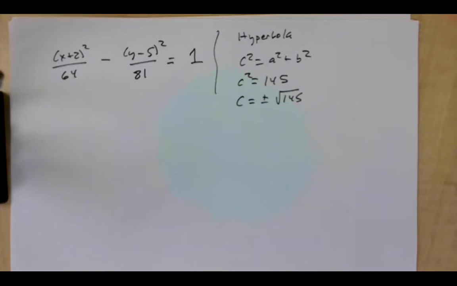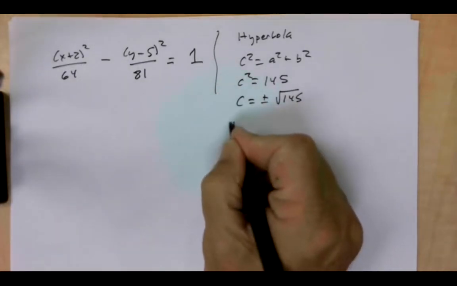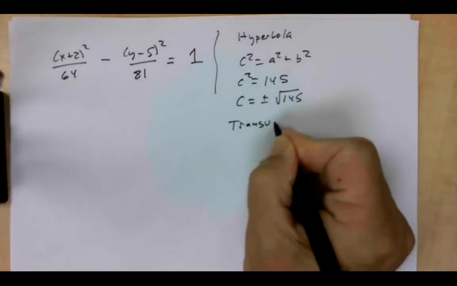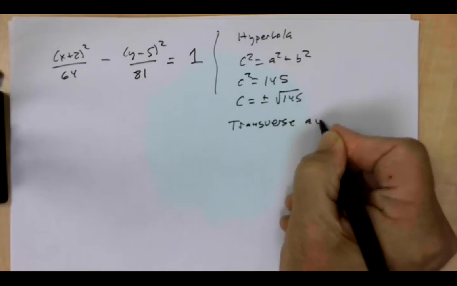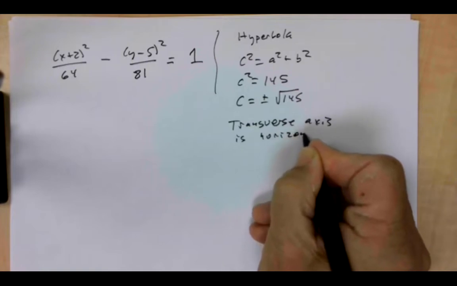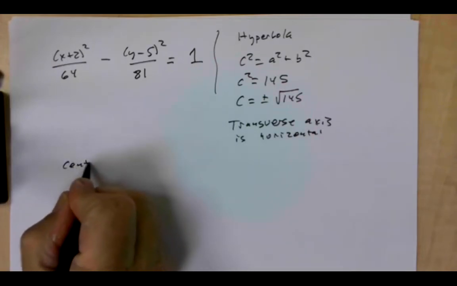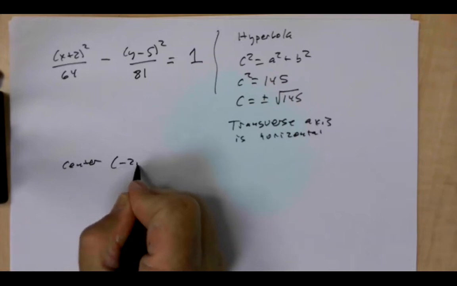Now, the focus for a hyperbola is always on the transverse axis. Here, the transverse axis is horizontal. So we're going to go from the center, our center being -2, 5.